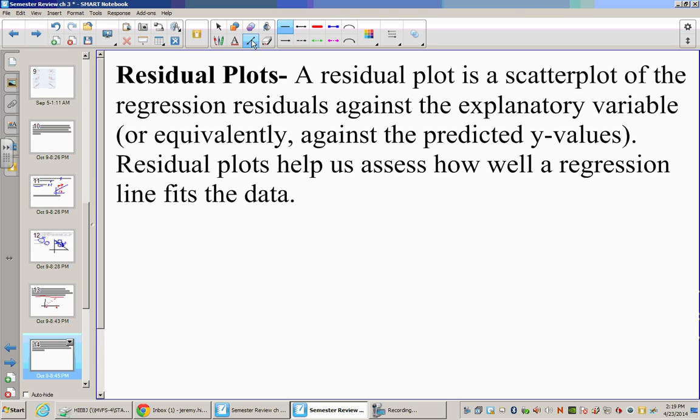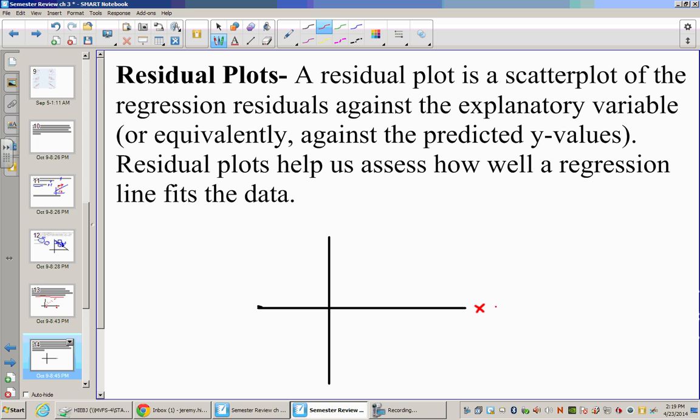Residual plots: if I plot my x-axis, so your x variable, your explanatory variable, versus your residuals, you'll get a plot that looks like this maybe. These are the distances above and below the line that our points are in our scatter plot.